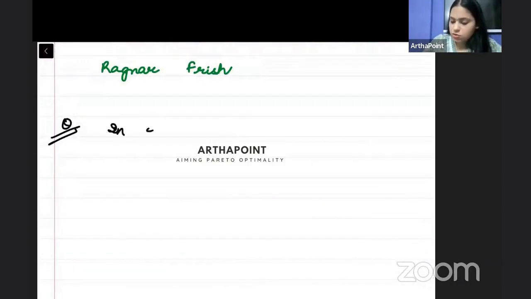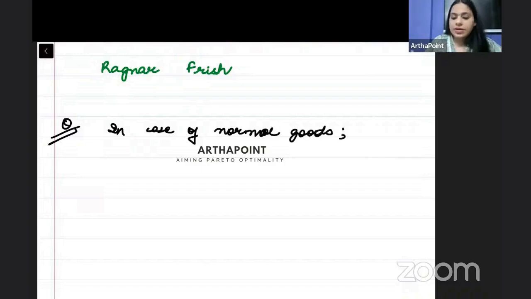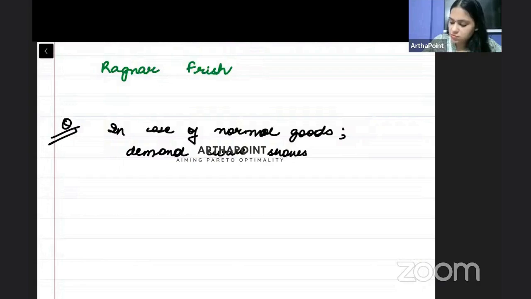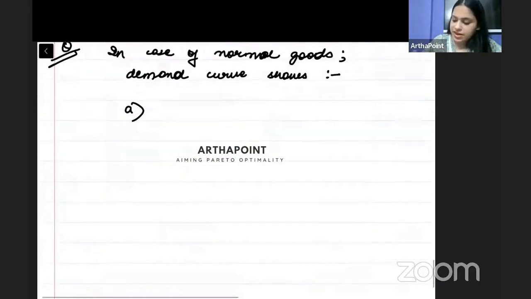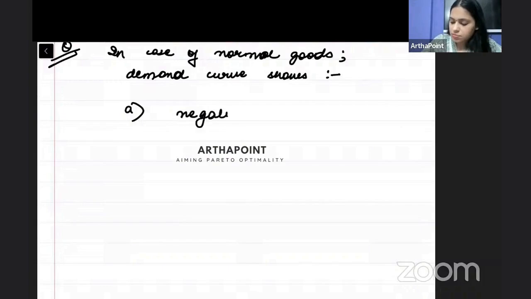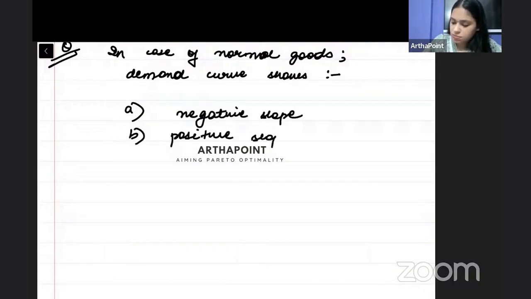In case of normal goods, the demand curve shows: A, negative slope, B, positive slope, C, zero slope, D, U-shaped.